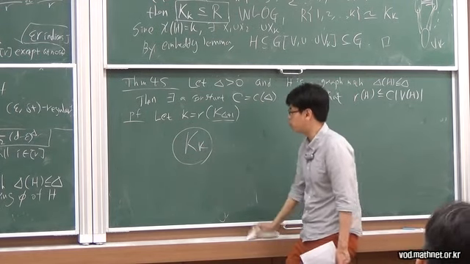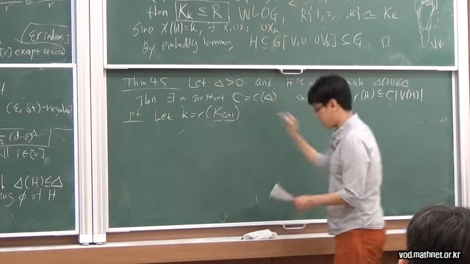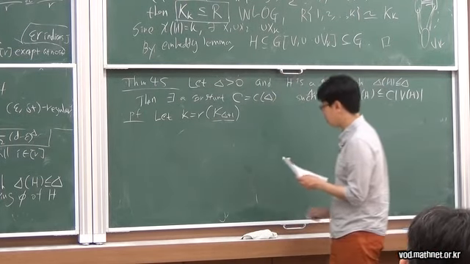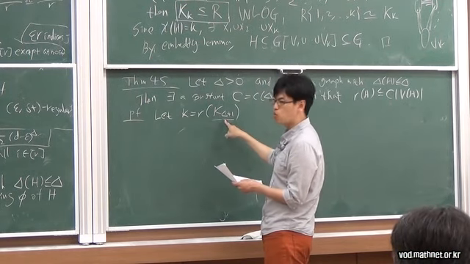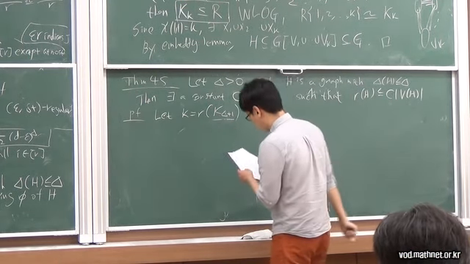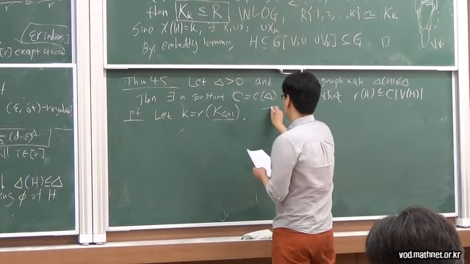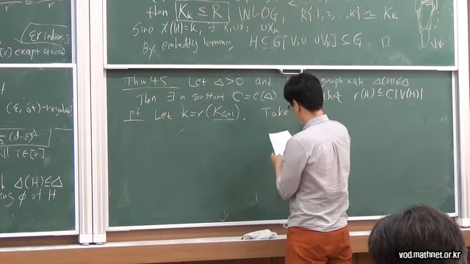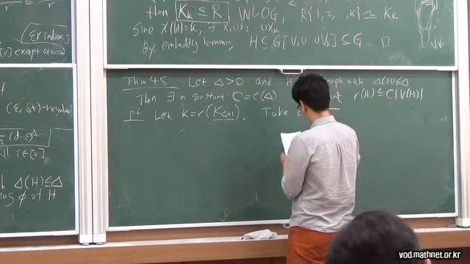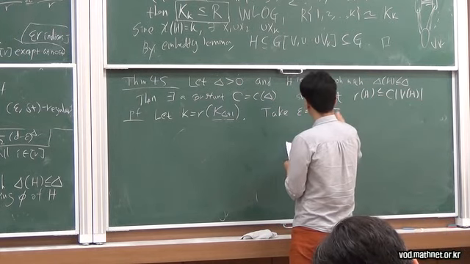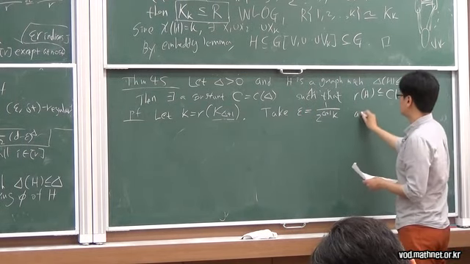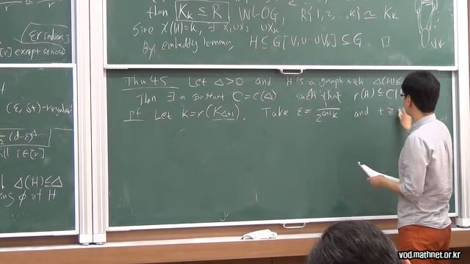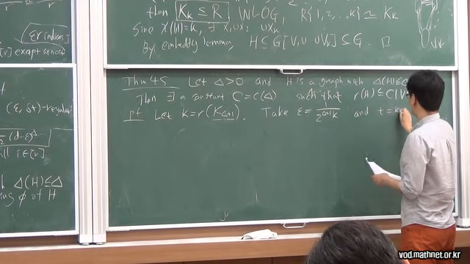So for that purpose, we let this k be some number such that every coloring of K sub k, we can find a monochromatic K sub delta plus 1. And take epsilon, which is 1 over, say, 2 to the delta plus 1 times k. And t be k plus 1.